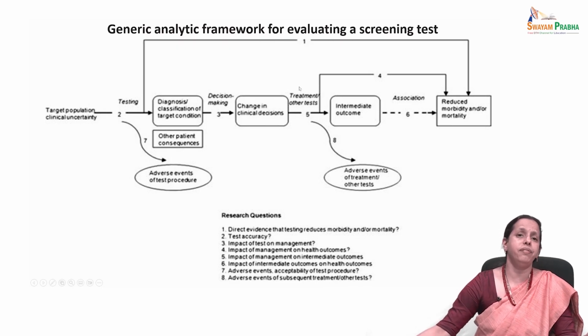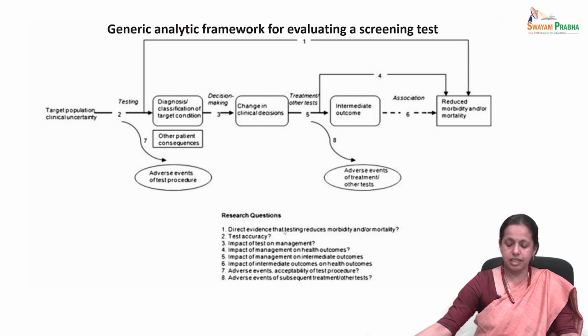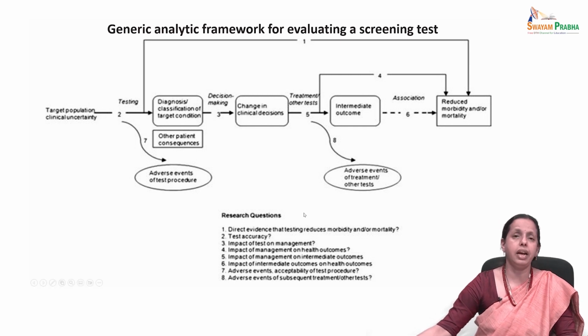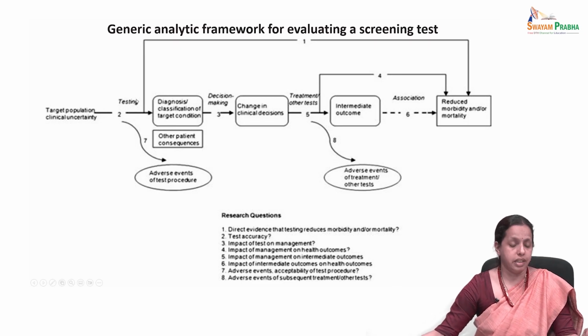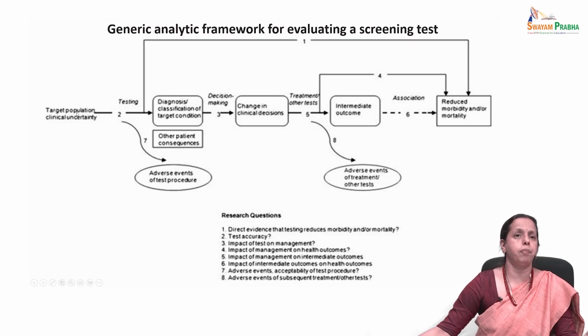In this case, HPV testing for screening for cervical cancer has been well proved to reduce morbidity and mortality. And then we go for test accuracy. Is my testing accurate? For example, a mammogram, is it very accurate? Yes. Now, what is the target population and the clinical uncertainty?